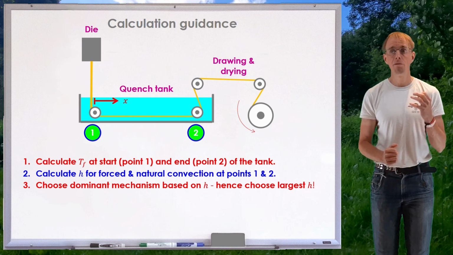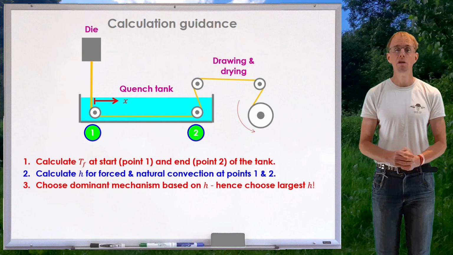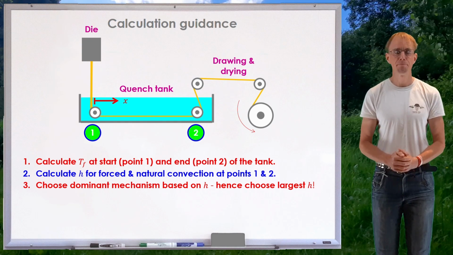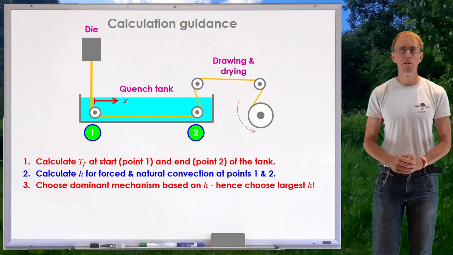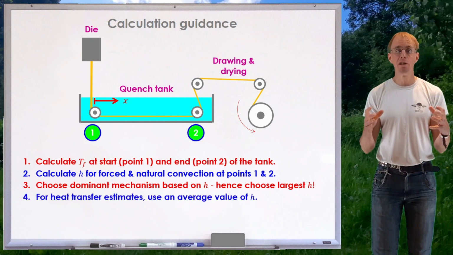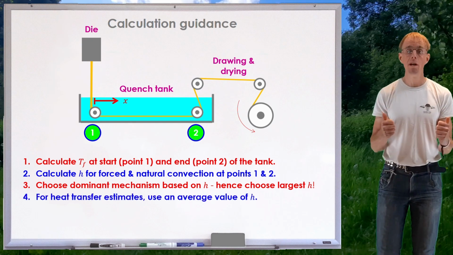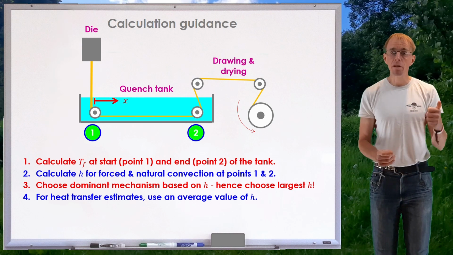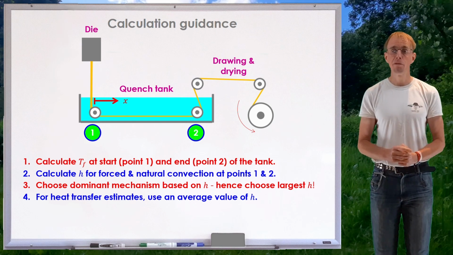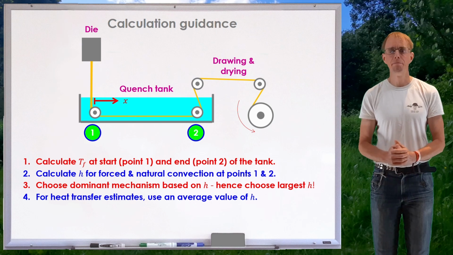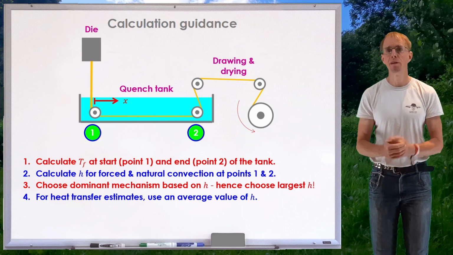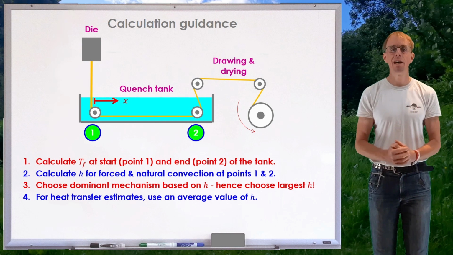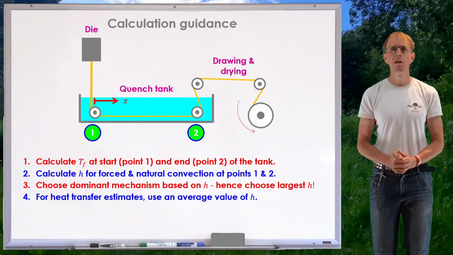So I can therefore choose the largest value of heat transfer coefficient based on what is likely to be occurring. Then what I might do is take an average value of h at point 1 and point 2 and do my first heat transfer estimate. That will yield how much the film has cooled between point 1 and point 2. Which means I can therefore go back and check to see whether that initial guess of h at point 2 is sort of in the right ballpark.